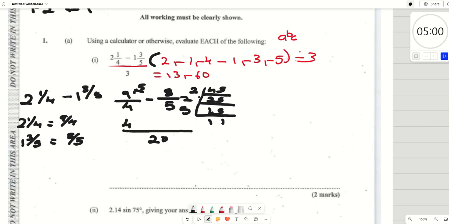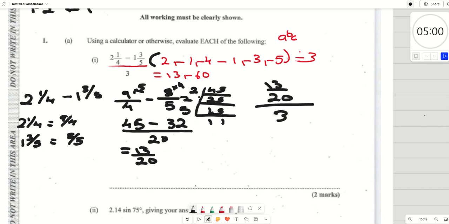9 5s are 45. Minus 5 goes into 20, 4 times, 8 4s are 32. So it is 45 minus 32, which is equal to 13 over 20. Right, so now the question is 13 over 20 all over 3, which is 13 over 20 divided by 3 over 1, which is 13 over 20 multiplied by 1 over 3, right?